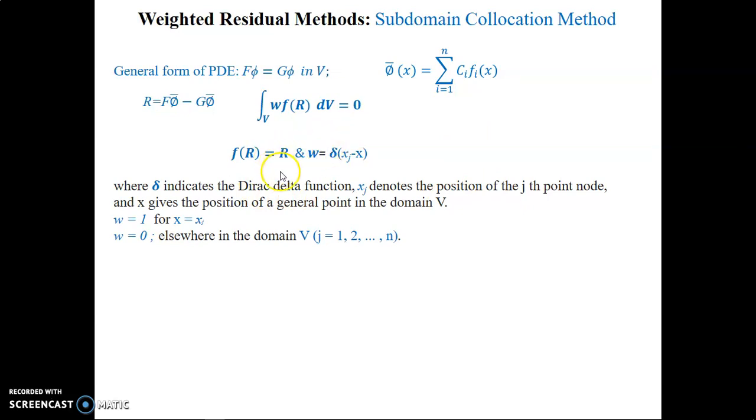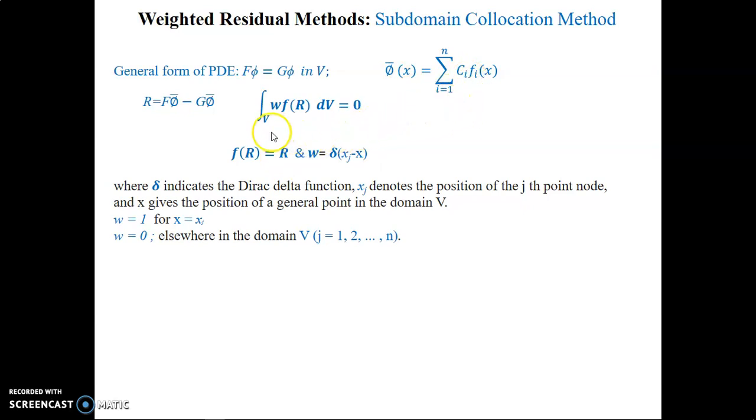In case of the point collocation method, we obtain the value of the residue R at collocation points and equate this value to 0 to obtain a set of linear algebraic equations. Then these linear algebraic equations are solved to obtain the coefficients of the approximate solution.